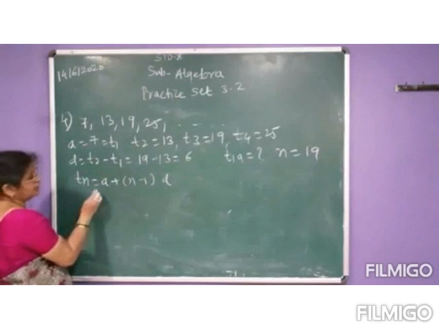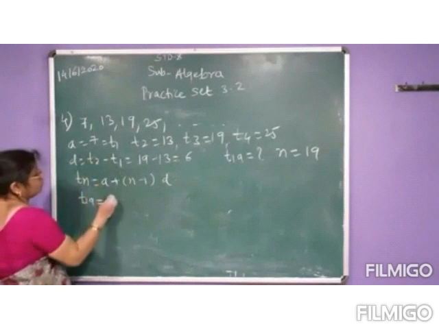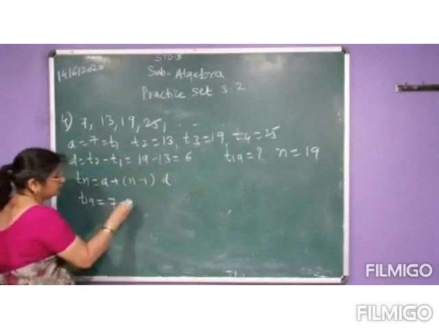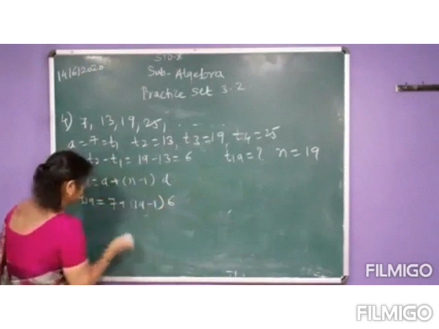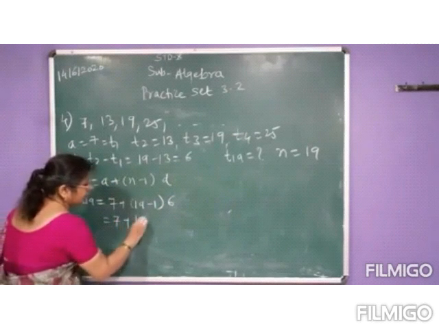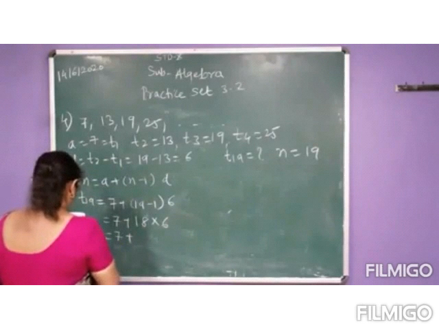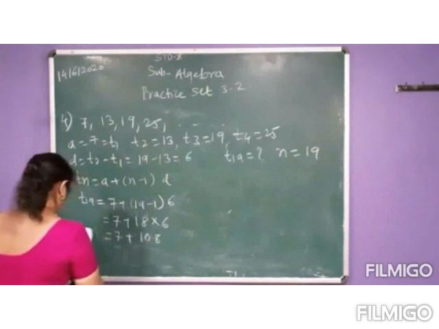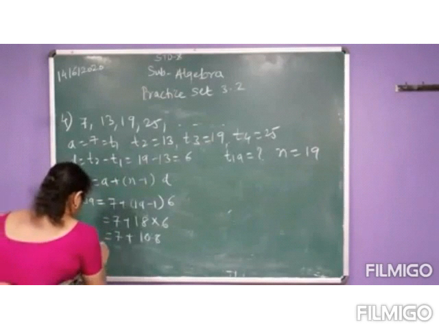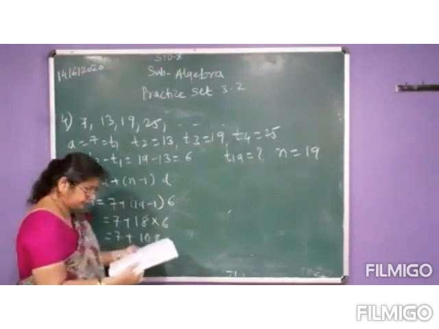Now T19 is equal to A, which is 7, plus N, which is 19, minus 1 into 6. So 7 plus 18 into 6. 7 plus 18 into 6 is what? 108. So T19 is equal to 115.